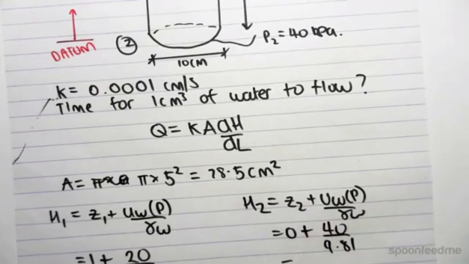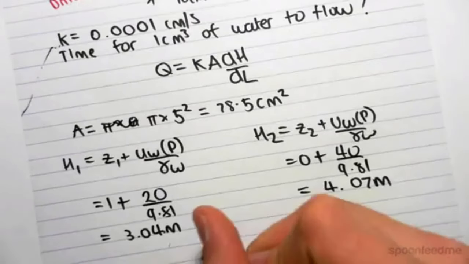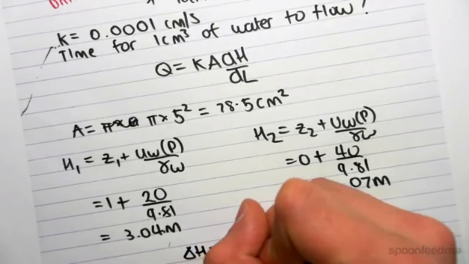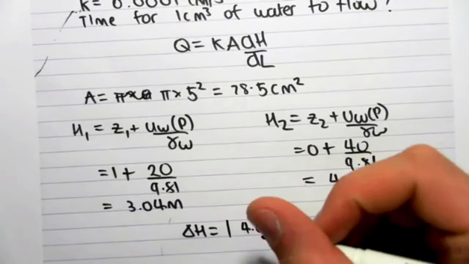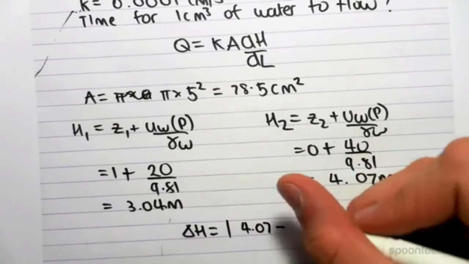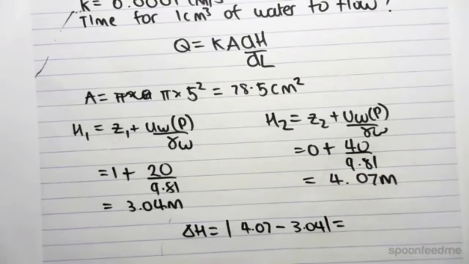So 40 divided by 9.81 is 4.07 meters, which means we can find our change in head, which will take the absolute value, 4.07 minus 3.04.